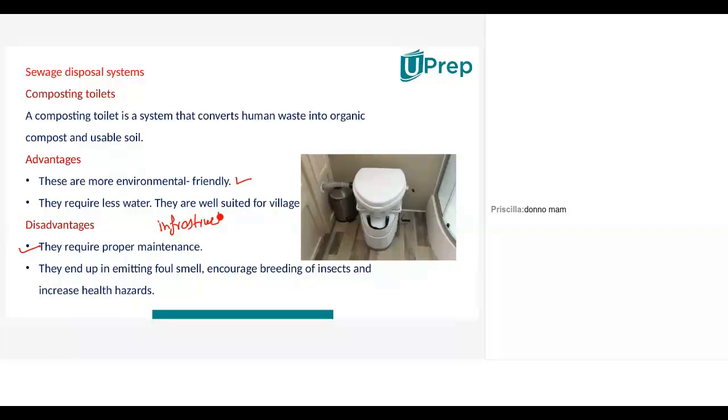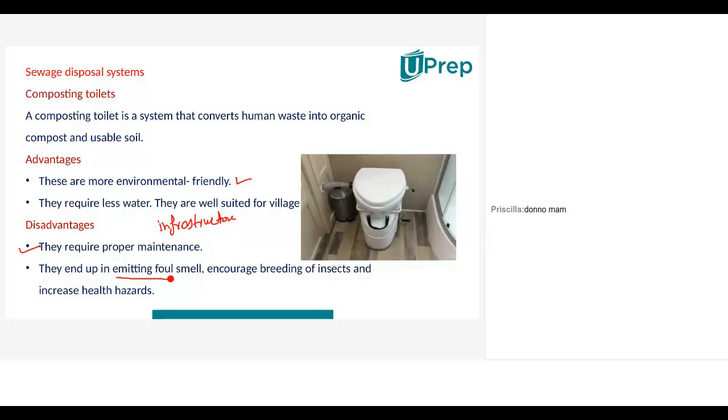What is the infrastructure part? It would require a lot of pipes, a lot of inlets and outlets, drainage systems, right? Several pits, soak pits, compost pits, several kinds of pits. So one needs to see which pit is getting filled up, and when one needs to empty it. So this maintenance is required.